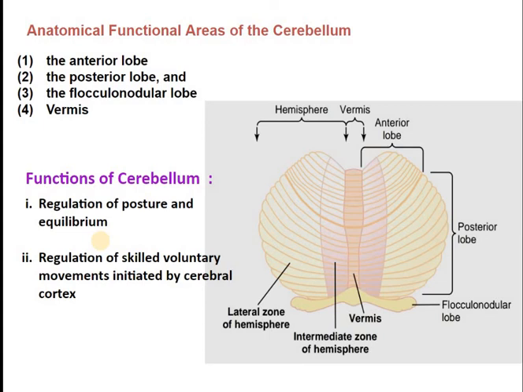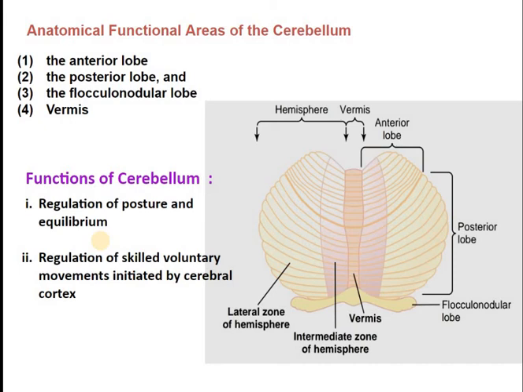Keep in mind that the impulses for contraction of these muscles come from the motor area of the cerebrum, that is the primary motor area or the secondary or supplementary motor area, but that is finely tuned by the cerebellum so that you can maintain your posture. By this process, the cerebellum helps in the maintenance of posture and equilibrium.